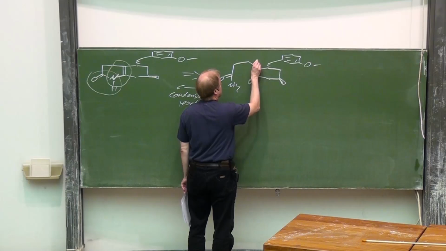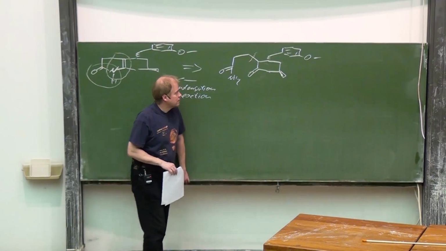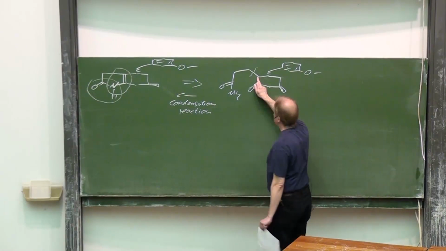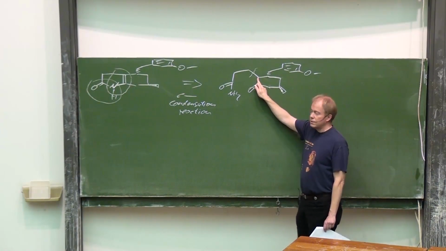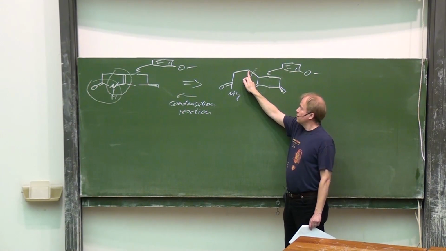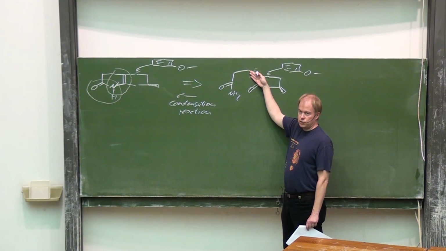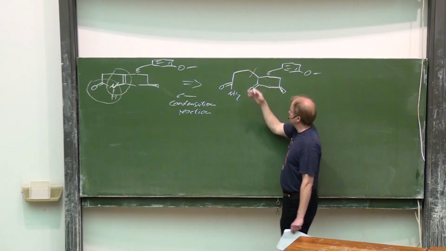Well, it could be this one. Donor reactivity here, acceptor reactivity there, and that acceptor reactivity is translated into an alpha, beta-unsaturated carbonyl compound as the synthetic equivalent.